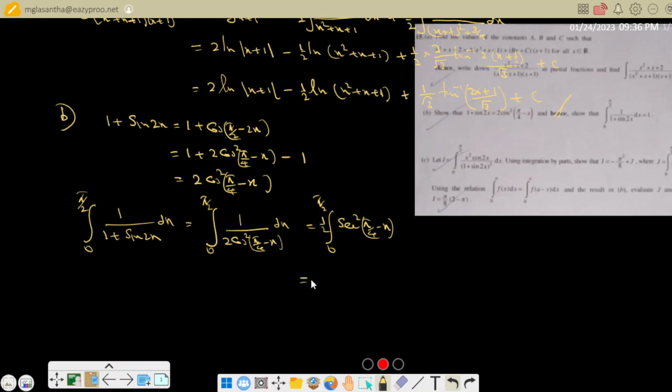So this equals half tan(pi by 4 minus x) divided by minus 1. Now you have to substitute limits from 0 to pi by 2.